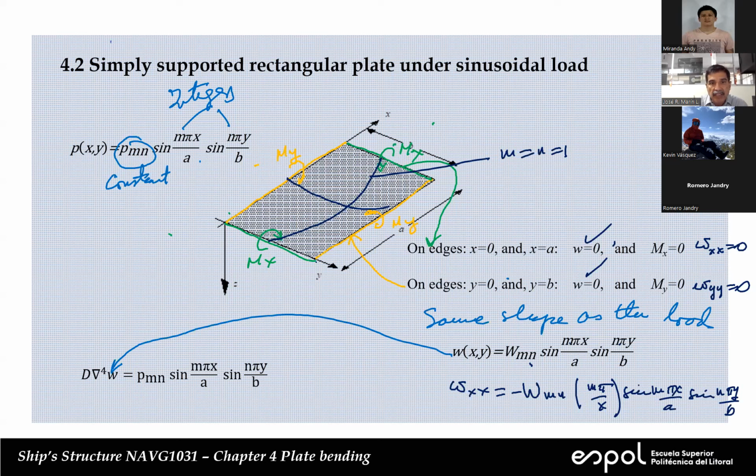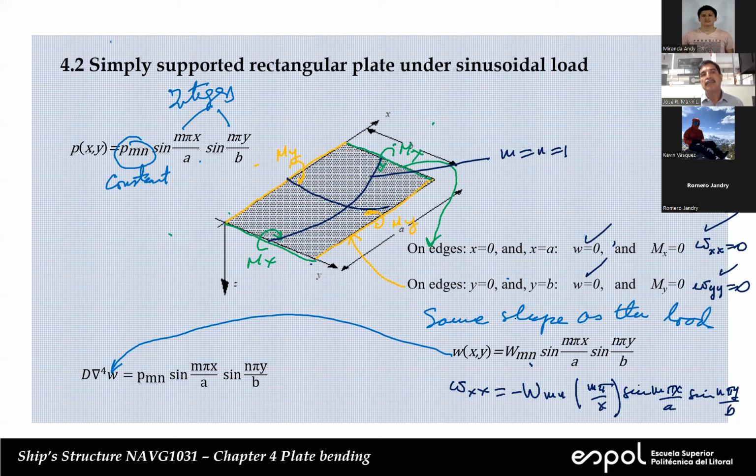So along this edge and along this edge, wxx is equal to 0. So that's satisfied. And if we get the second derivative of w with respect to y and evaluate along this edge and along this other edge, again we're going to see that this is also satisfied. So this function satisfies all boundary conditions completely.